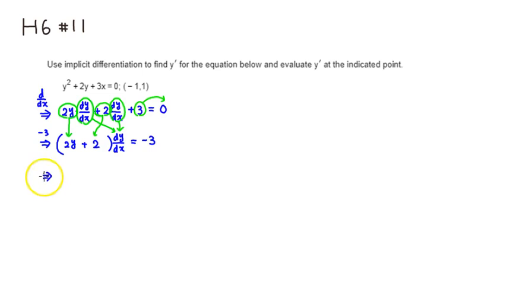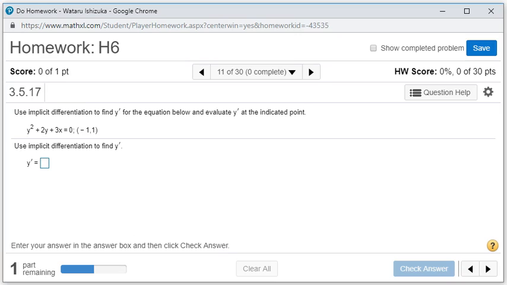So we're going to divide through by 2y plus 2. So dy over dx is equal to -3 over, and I'm going to pull out the 2 because both terms have a 2, so it's 2 times the quantity y plus 1. So let's type this in.